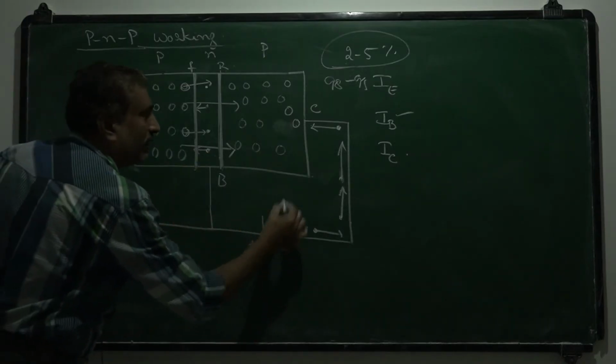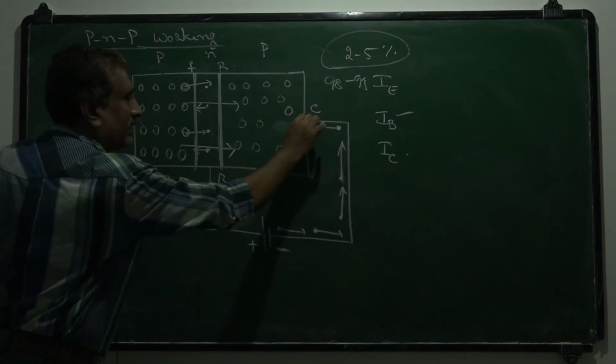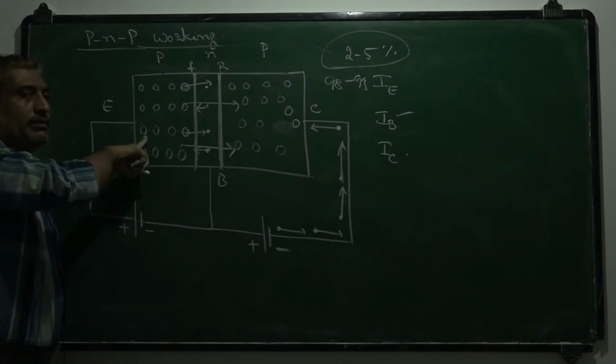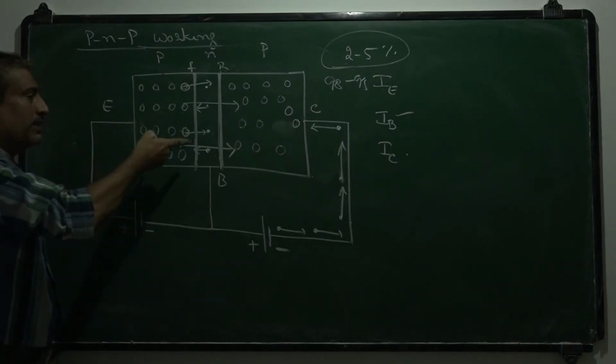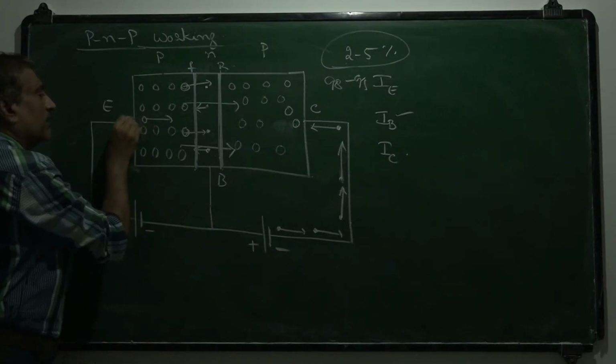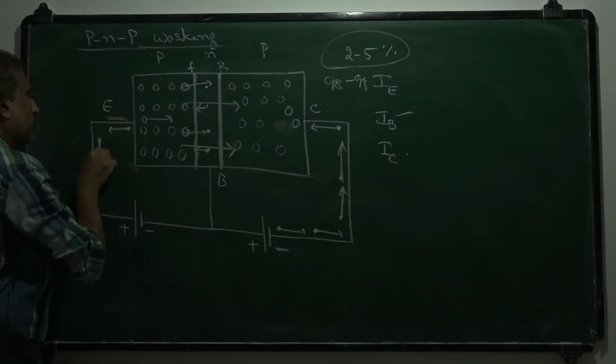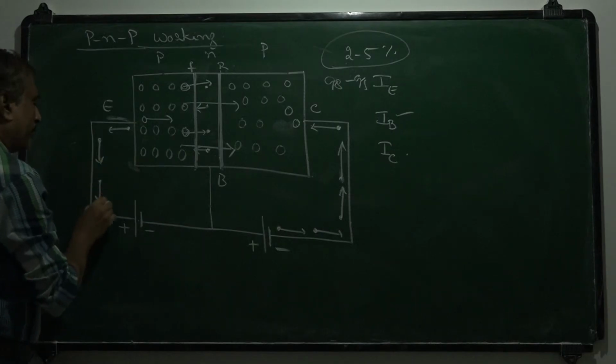Whenever an electron from the negative polarity recombines at the collector region, a covalent bond breaks and an electron-hole pair is generated, the hole moves towards the collector, and the electron moves towards the positive polarity.